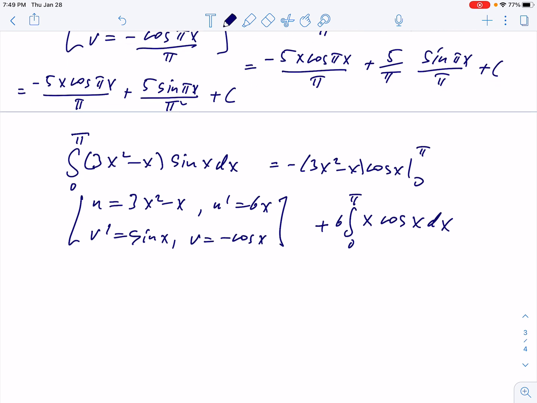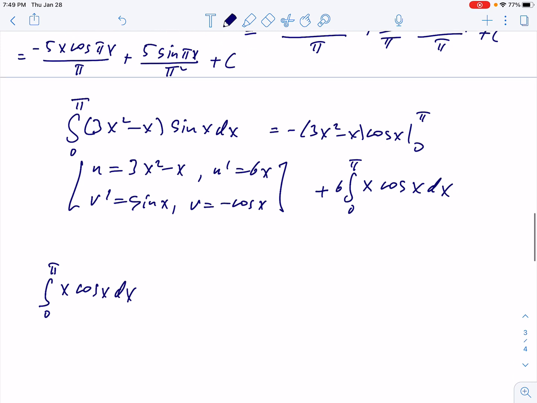We choose some place on the left, and we do this integral from 0 to pi of x cosine x dx. Integration by parts independently. u is x, u prime is 1, v prime is cosine x, v is sine x.